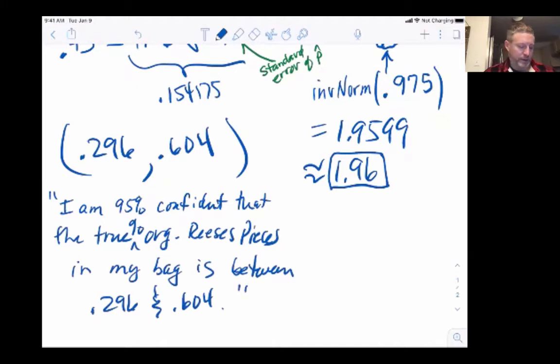And remember, it's this context because my bag was actually the population, that little bag I had. So that bag was the population. I took 40 out of it. Technically, I didn't meet the 10% condition, but it was close enough to kind of let that slide. So that would be the interpretation. I'm 95% confident that the true percent orange is somewhere between basically about 30% to about 60%, somewhere in there.